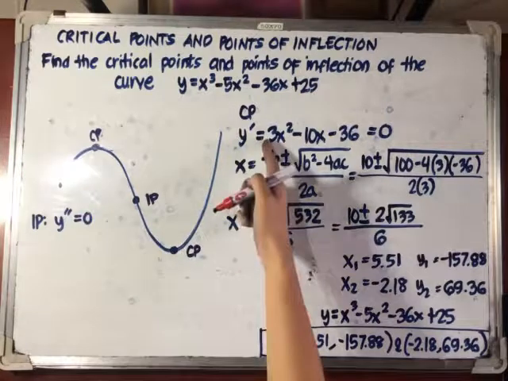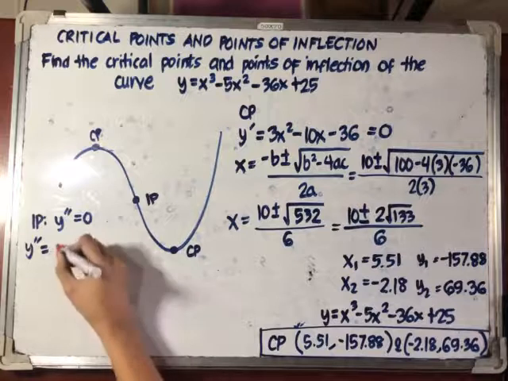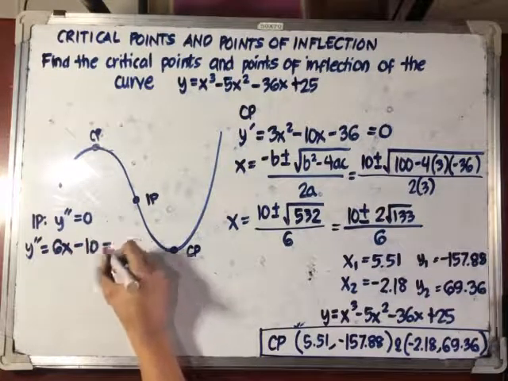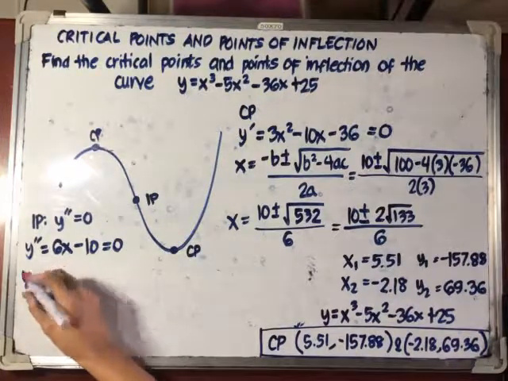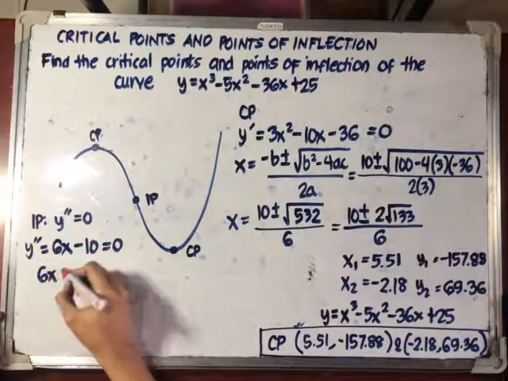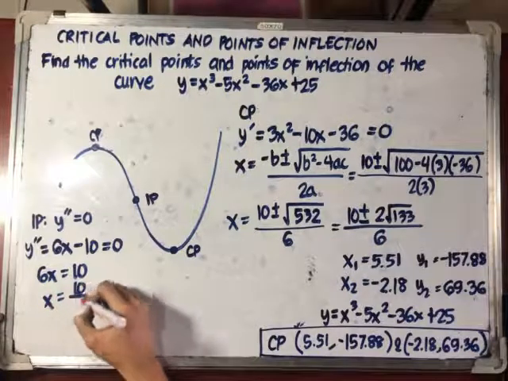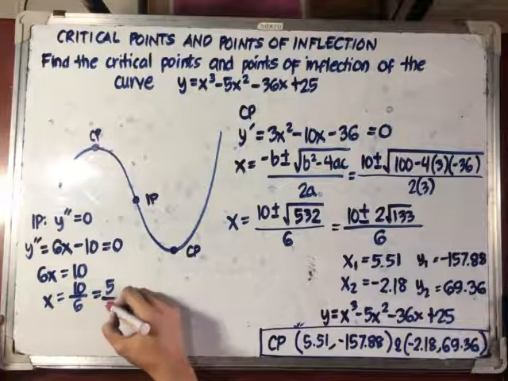So, if this is your y prime, you can get your y double prime this time. That would be 6x minus 10. You equate that to 0. So, 6x is equal to 10. X therefore is equal to 10 over 6, or that is 5 over 3.